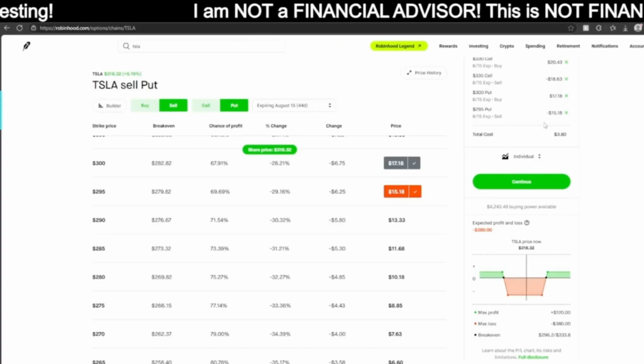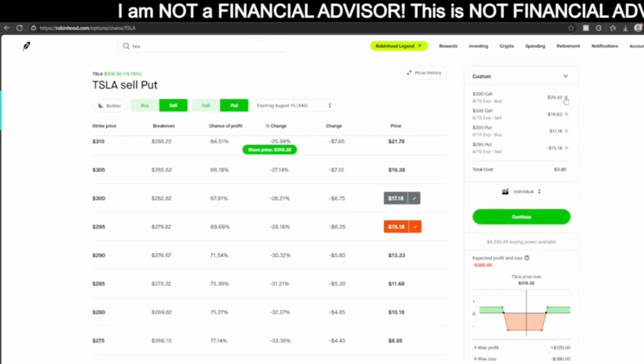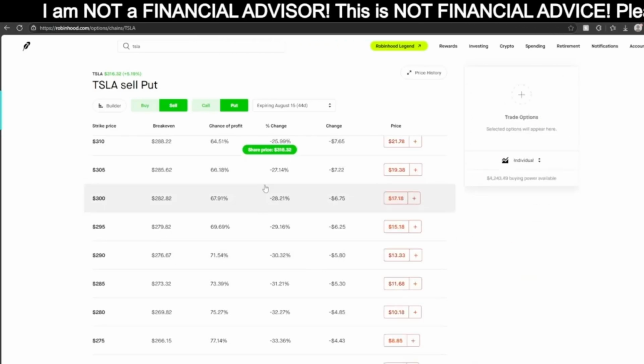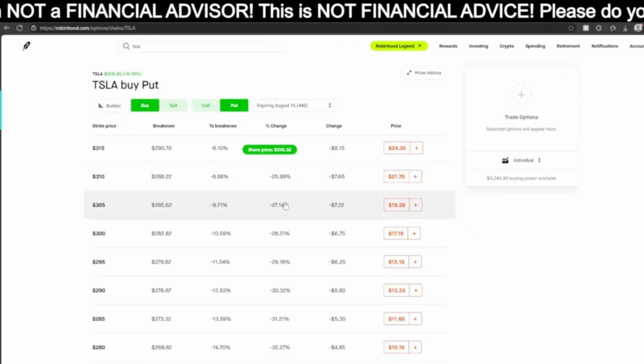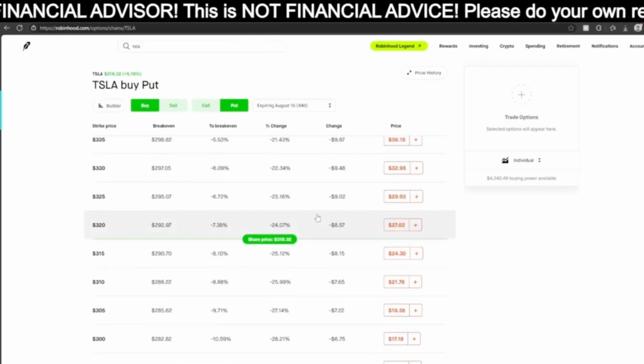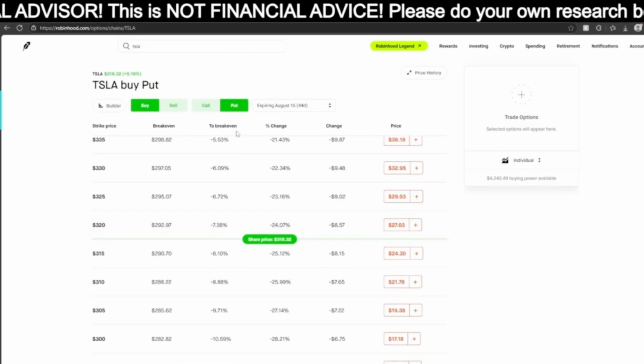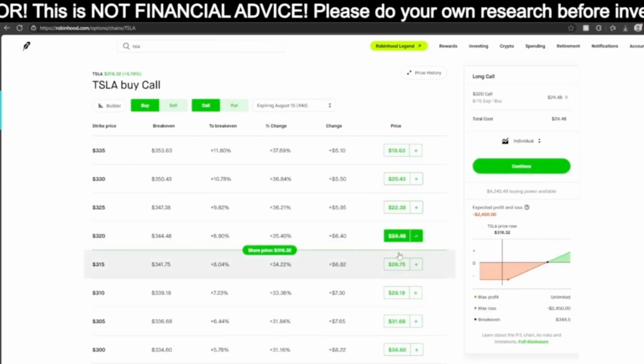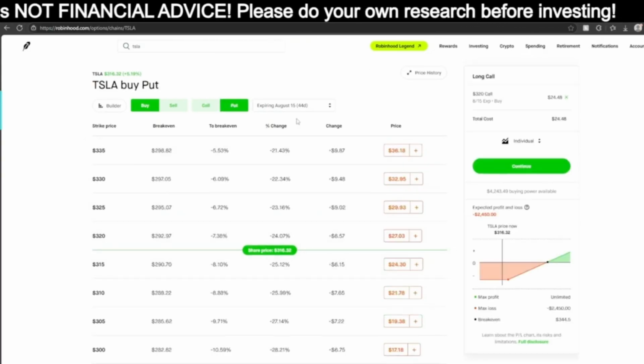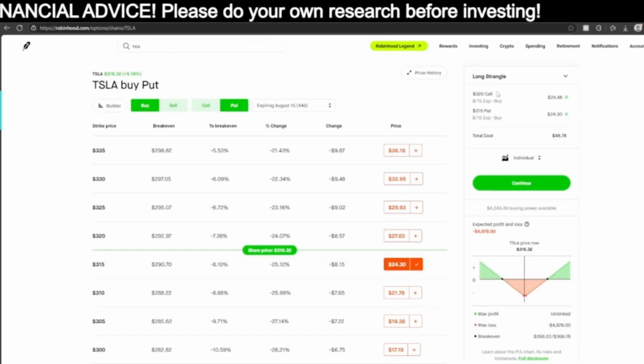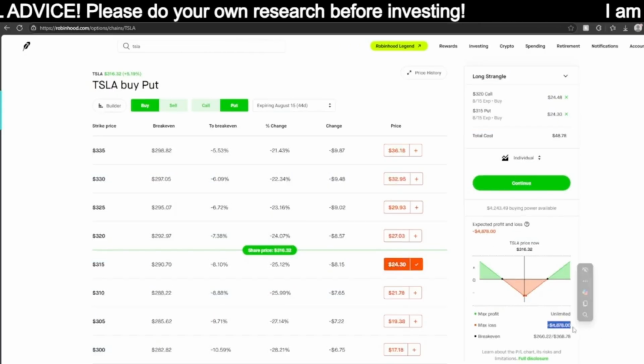And other people explain the strategy also as a way of looking at it as a strangle or a straddle, but with a little bit more cost effectiveness. So say you wanted to buy the 320 call option, you want to buy the 315 put option, that creates the long strangle. Again, I don't have the cash.